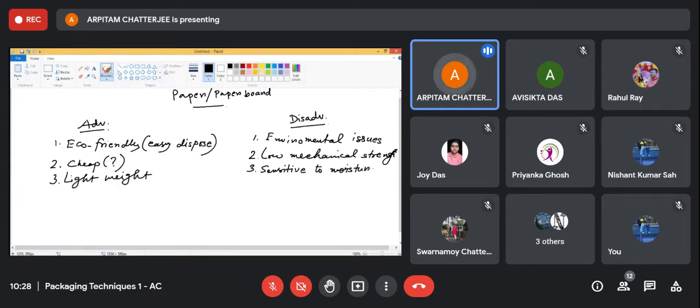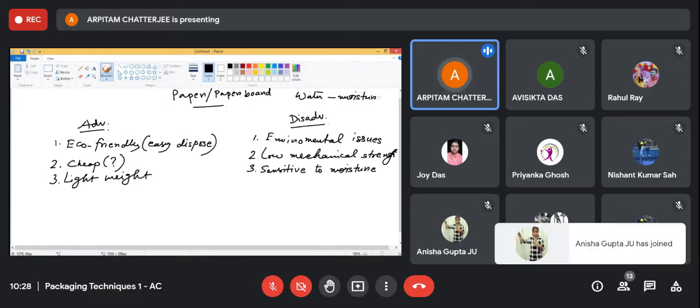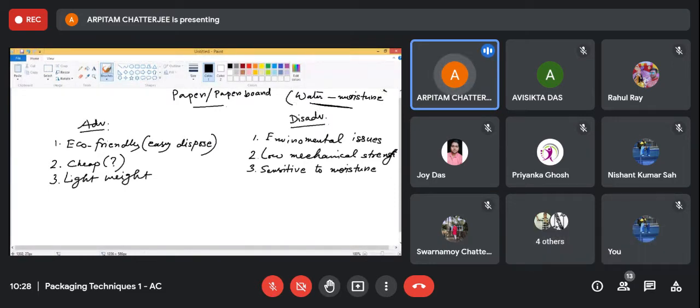Now, before I go further, let me tell you, in packaging, water and moisture are two separate things. Generally we don't differentiate them, but in packaging, please keep in mind that water and moisture are taken as two different attributes.